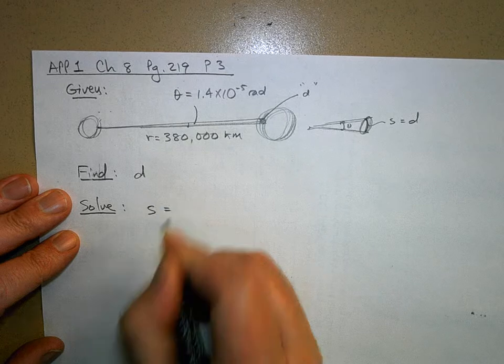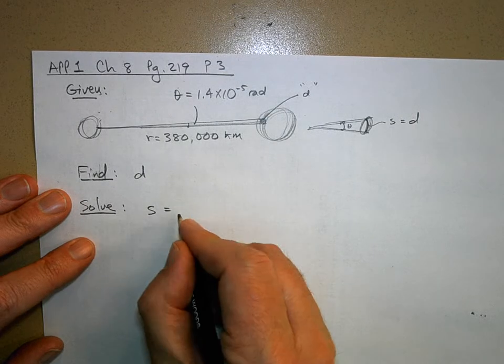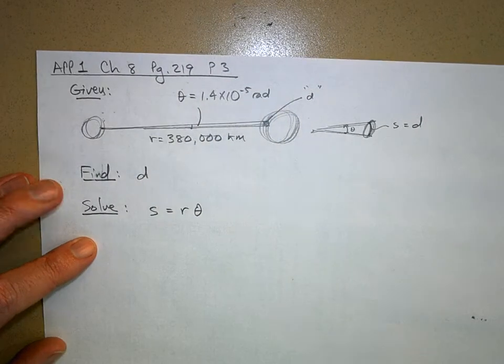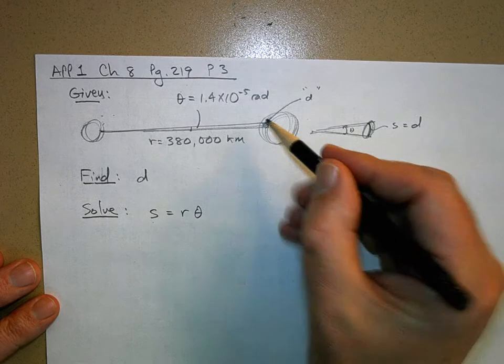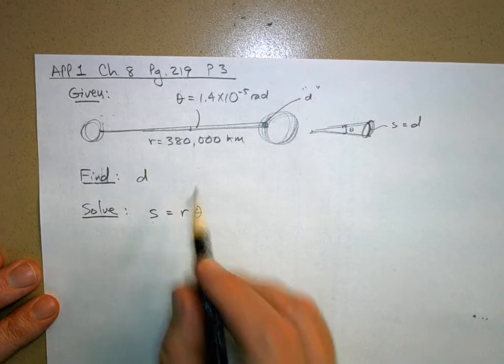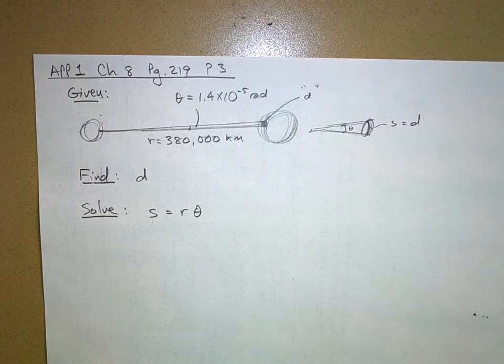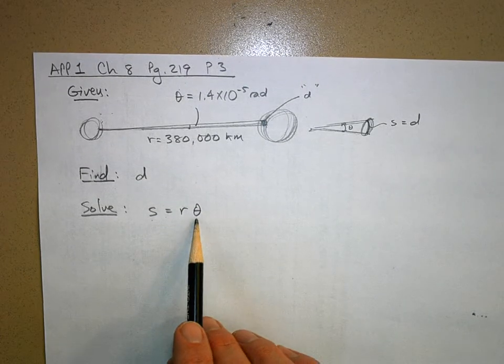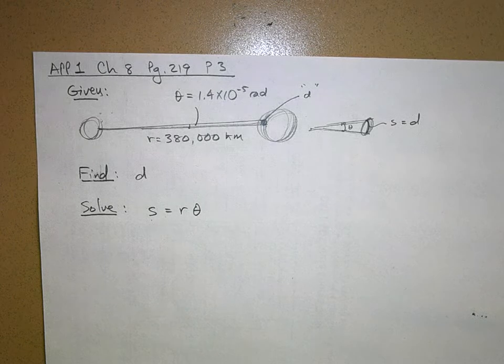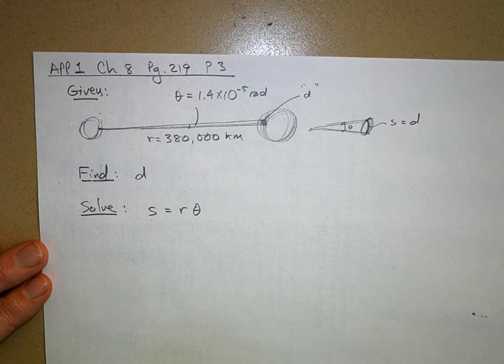So I have this basic equation, S is equal to R theta. The arc length is equal to the radius times the angle, as long as the angle is in radians. If you stick in an angle here like that's in degrees, it won't work. It has to be in radians. I mean, this is what defines a radian, is the arc length divided by the radius.